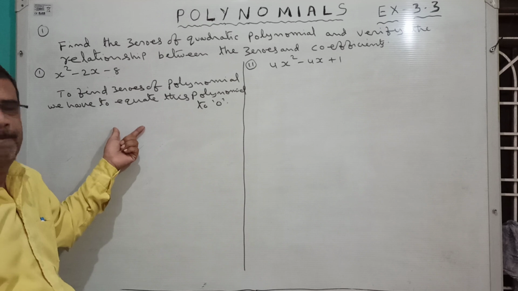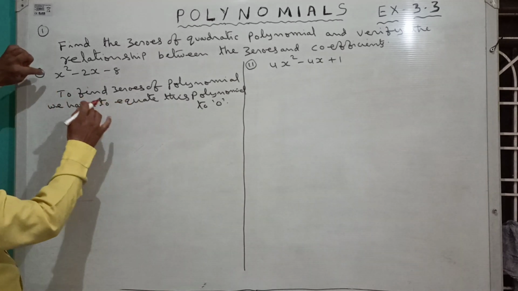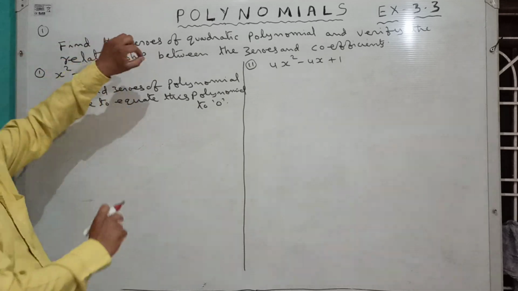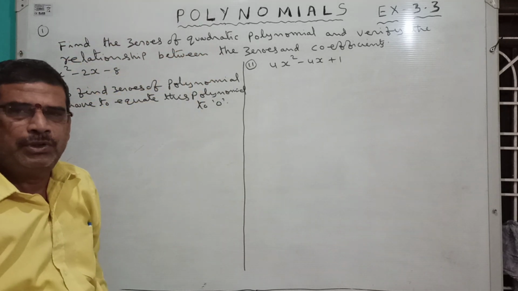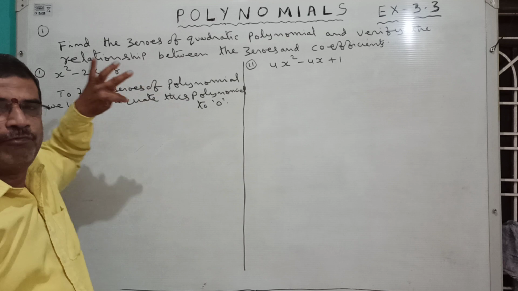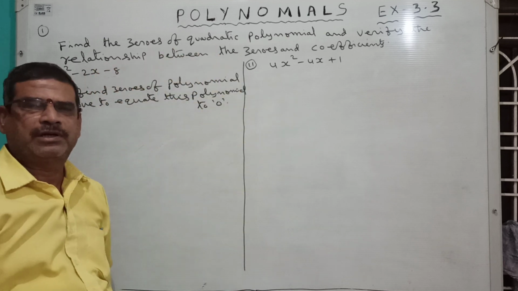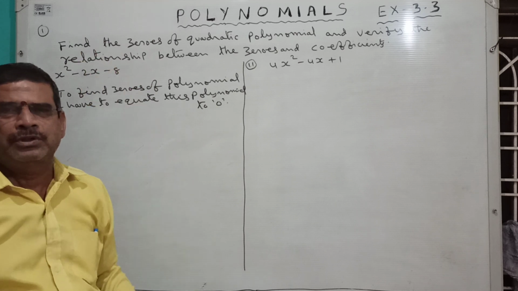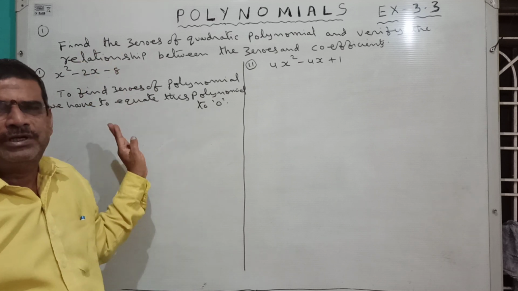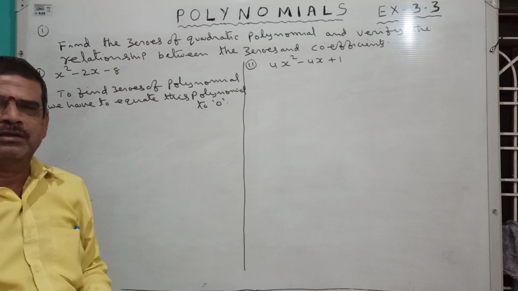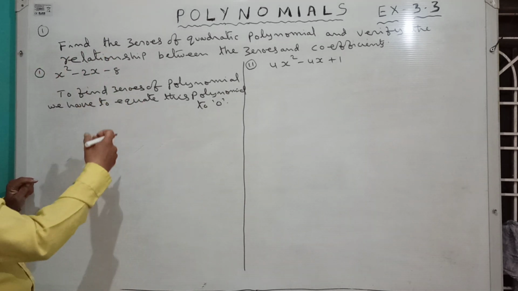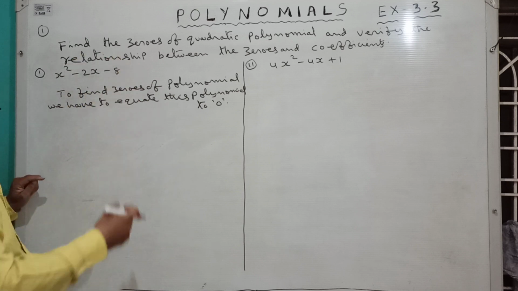Once again I am telling, if I substitute 1 in place of x and this entire value becomes 0, then we say that 1 is a zero of the polynomial. If this entire value is not 0, then I say that 1 is not a zero of the polynomial.